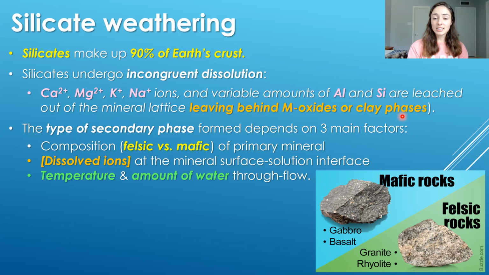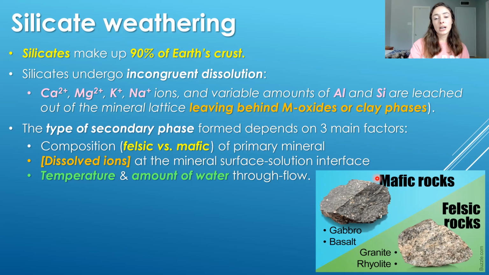But the exact type of secondary phase, like we mentioned here, is dependent on three main factors. These factors include whether the composition of the primary mineral is felsic or mafic. So remember, felsic and mafic, which we talk about in basically all of the igneous petrology videos, are basically just terms that differentiate rocks or minerals depending on their silica content.